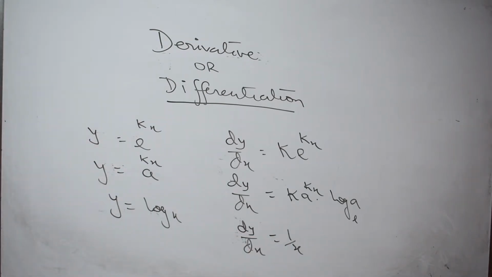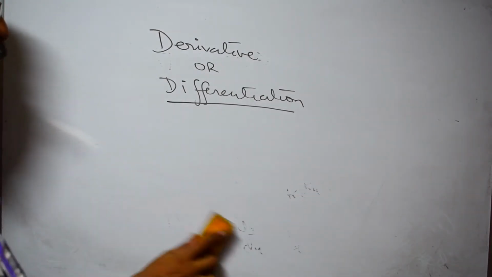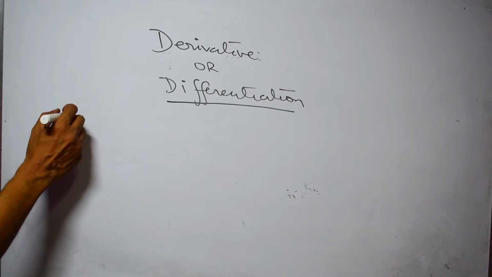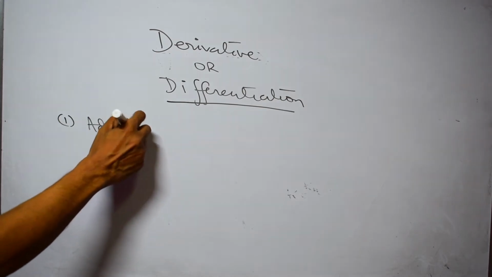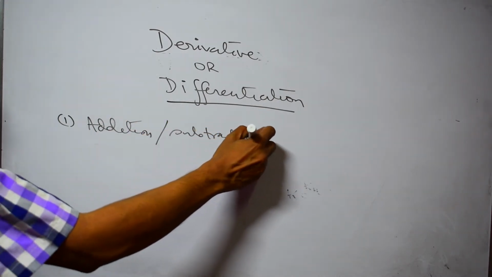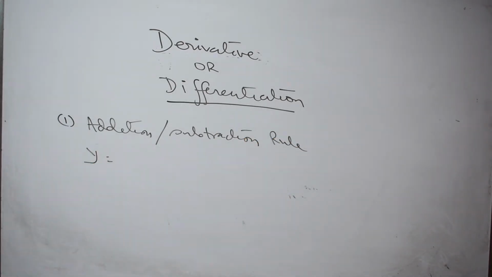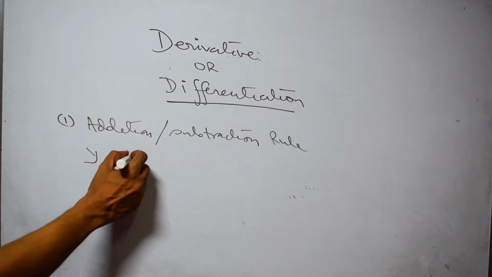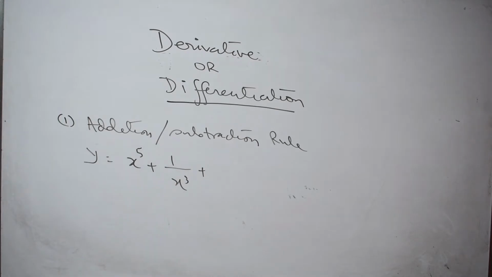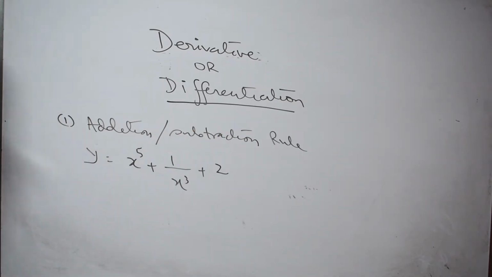We have some rules that we will follow. First, let us take an example with the addition rule, or addition and subtraction rule. If y is equal to x to the power 5 plus 1 by x to the power 3 plus 2, then we have to find dy dx.